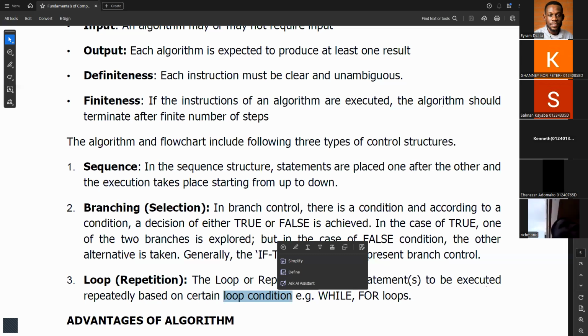So we want to repeat the conditional part 200 times to tell for each student whether they passed or failed. So that is a typical example of a loop, repetition, or the iterative control structure.